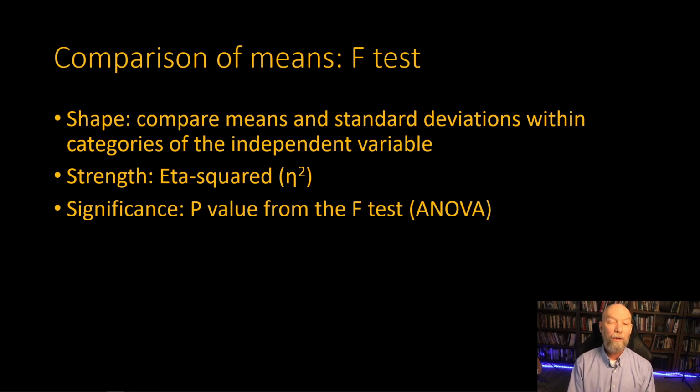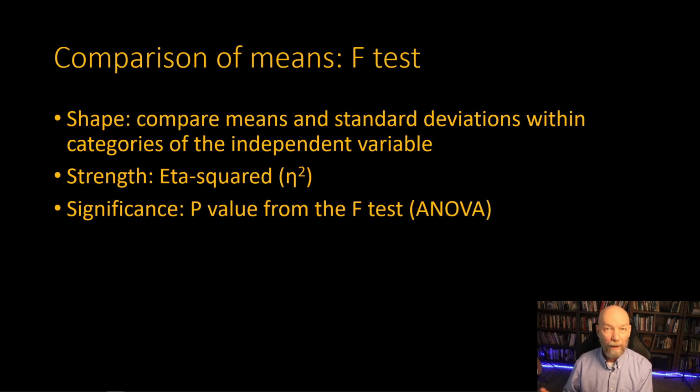Strength is going to be done using a tool called eta squared, which literally measures using squared deviations. Using a mathematical approach, eta squared basically finds out what proportion of the variation in the dependent variable we can now predict better because we know independent variable categories for the cases. So if we're comparing men and women, if we tried to guess people's GPAs, we would get a lot of them wrong, even if we knew the mean and the standard deviation.